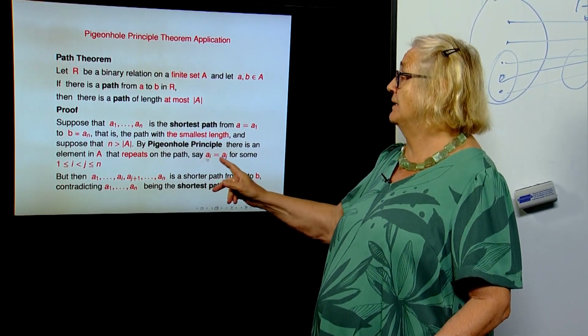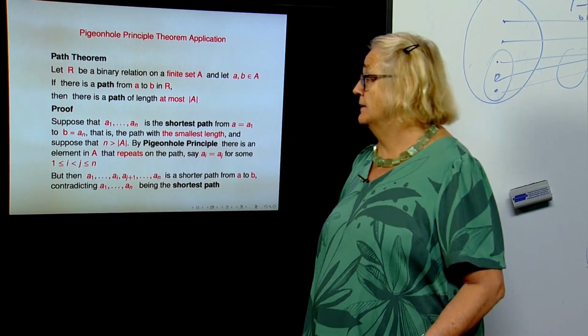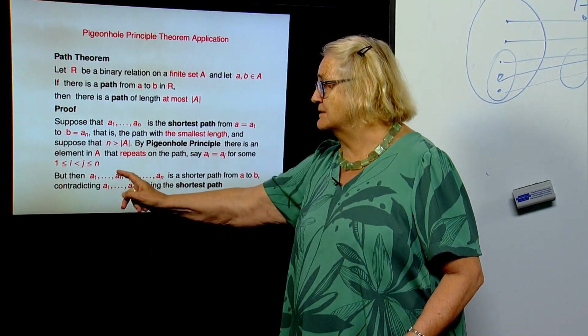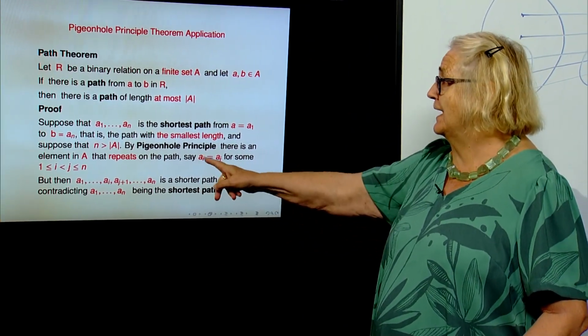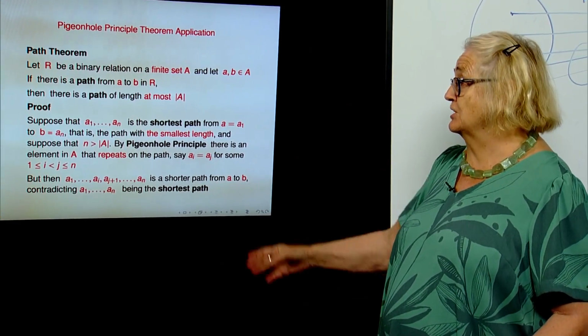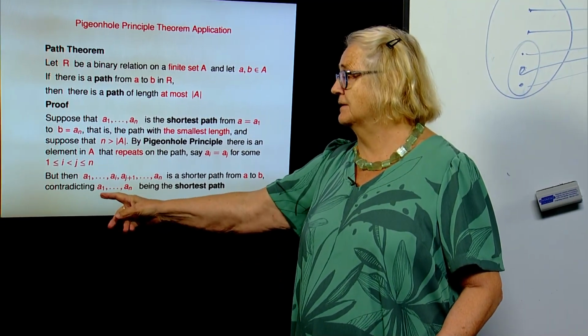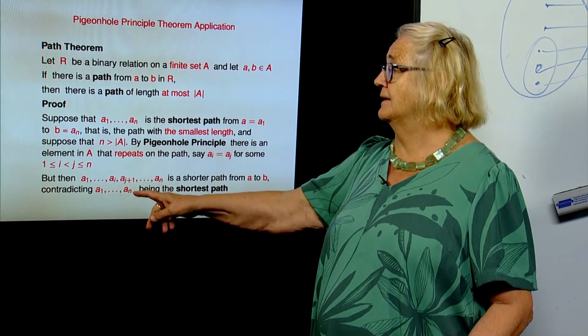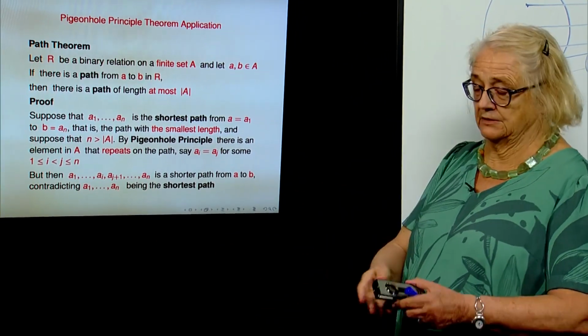So you have Ai equal to Aj for some i and j between 1 and n. Then, because Ai is equal to Aj, there is a shorter path from A to B, which contradicts the fact that we chose the shortest path.